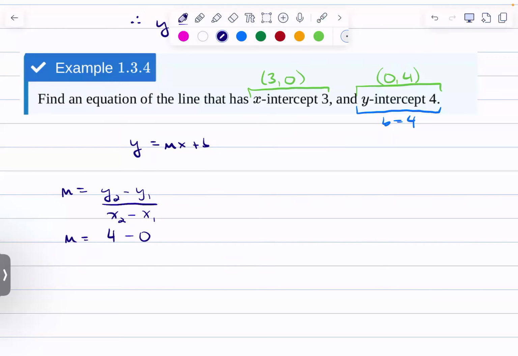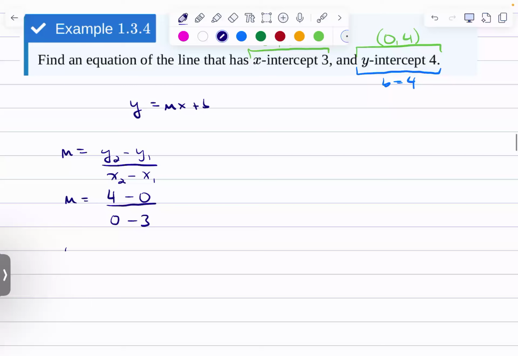4 minus 0 divided by x2, which is 0 minus 3. 4 divided by negative 3. Or negative 4 over 3 if you prefer, right?